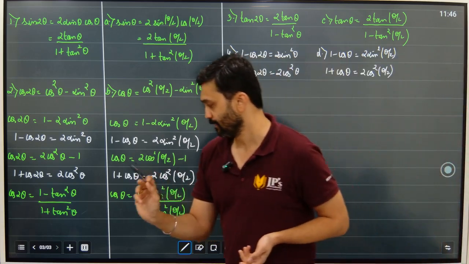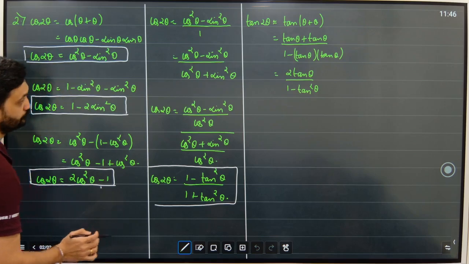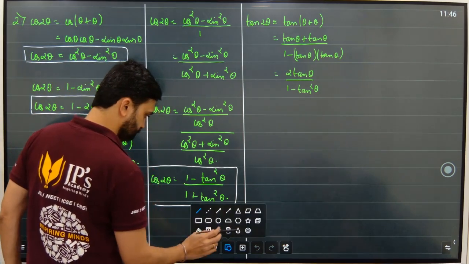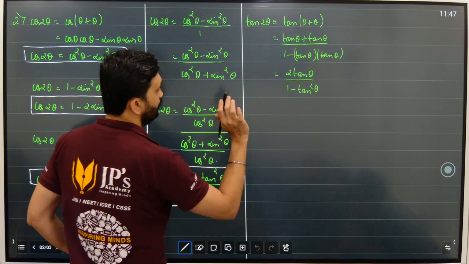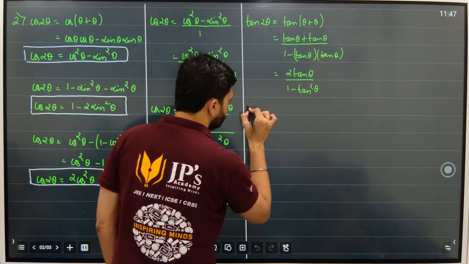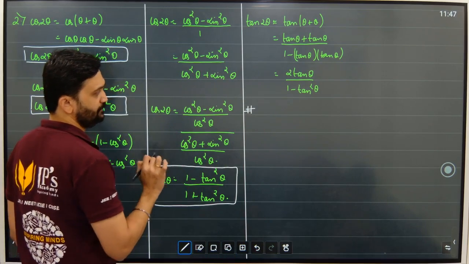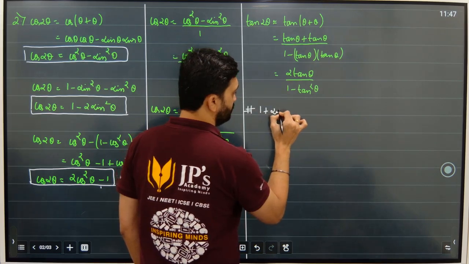Now, look at this. If someone tells me, how can I simplify this?